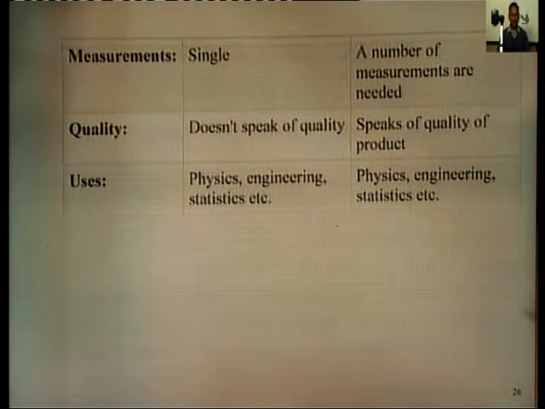In case of accuracy, a single measurement is enough, while in case of precision a number of measurements are needed. Accuracy does not speak of quality, while precision speaks of the quality of the product. Both are used in physics, engineering, statistics, etc.